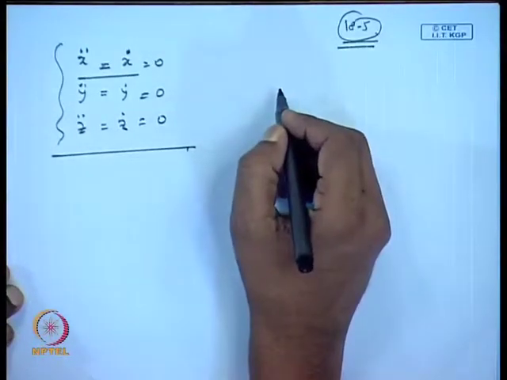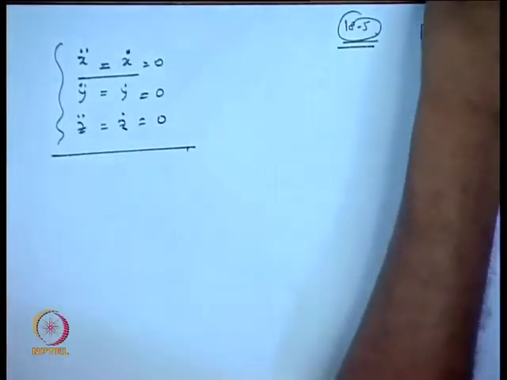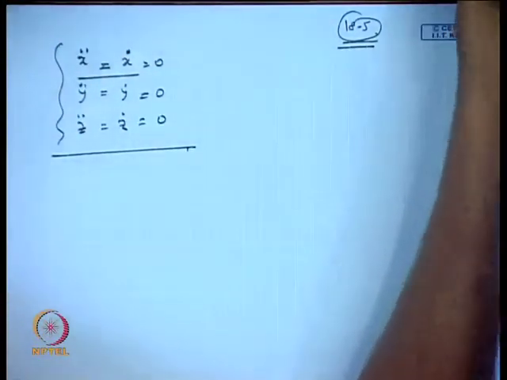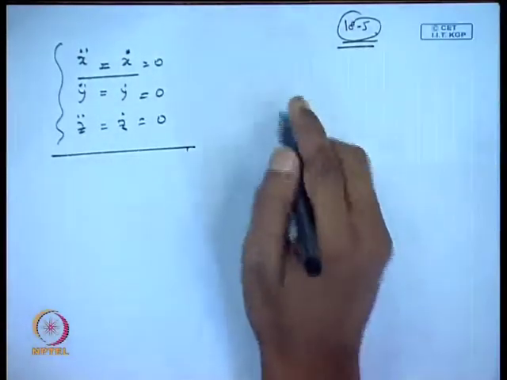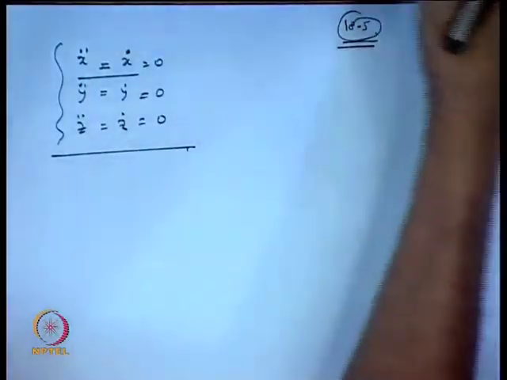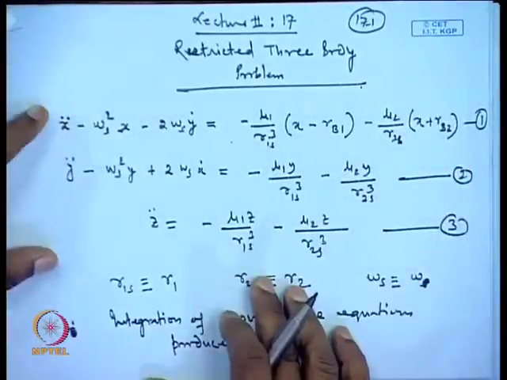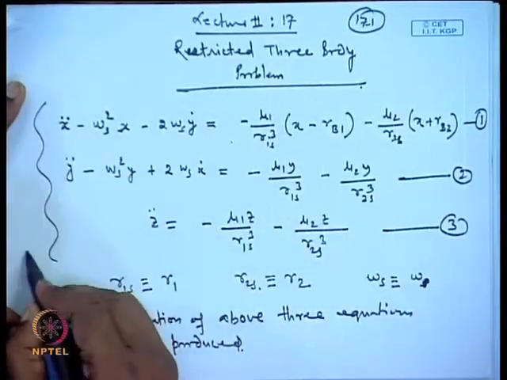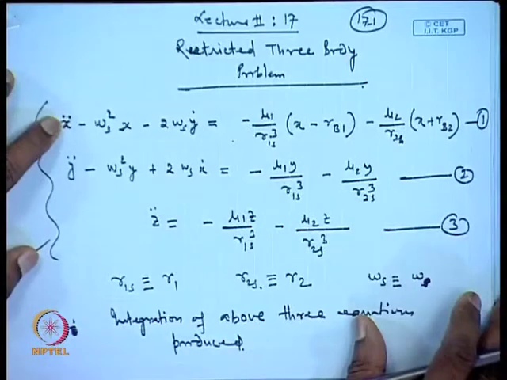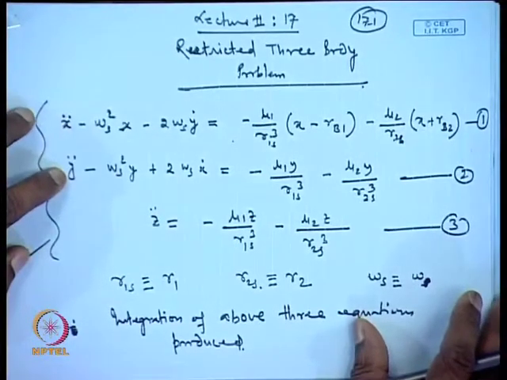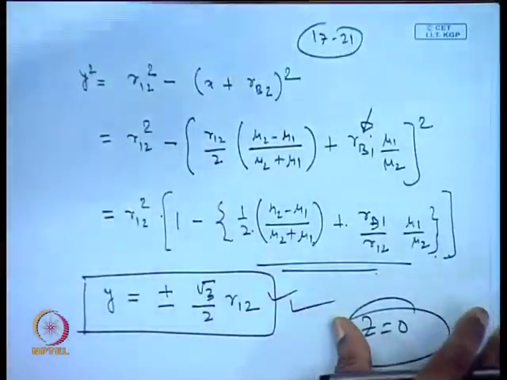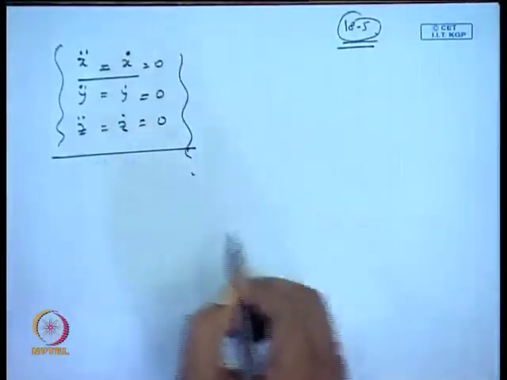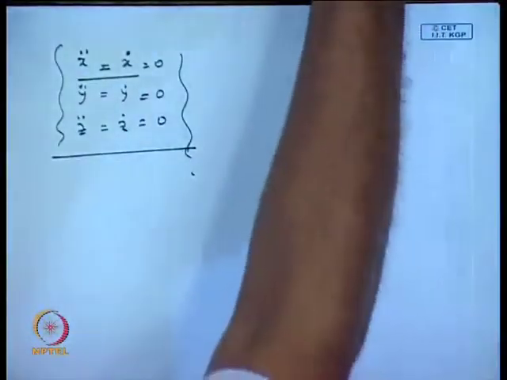If you remember, in our lecture number 17 these were the 3 equations that we were using, and here we set x double dot, y double dot, z double dot, and x dot, y dot, z dot all equal to 0. So here the same thing is available to us.